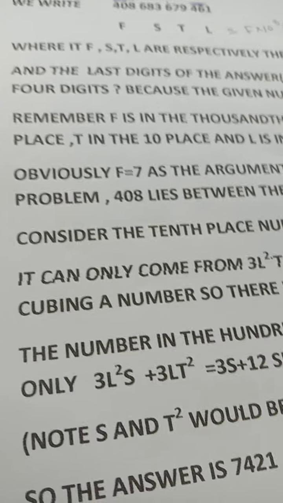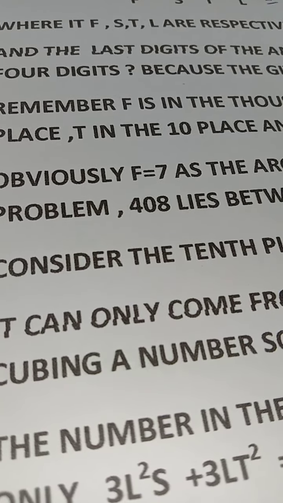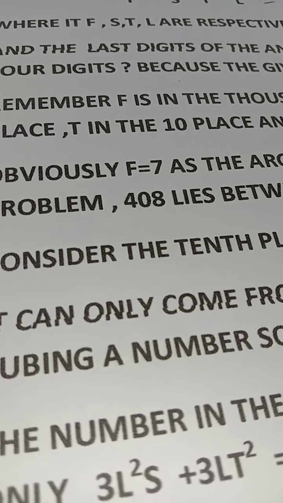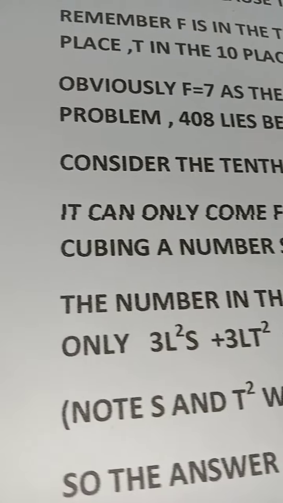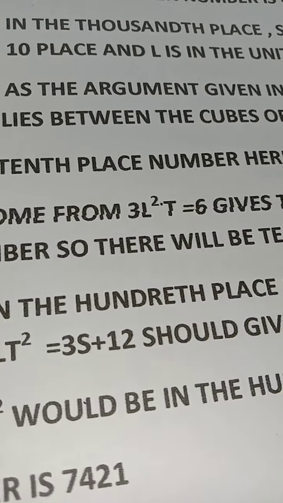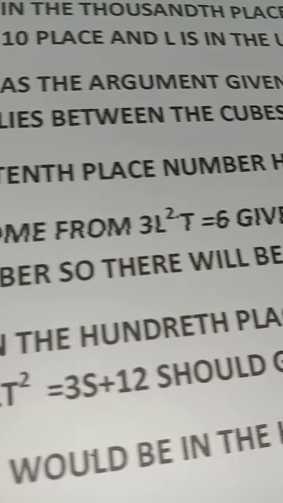Now, obviously, F is equal to 7. Why? Because, as I explained before, the first 3 digits, 408, lie between 7 cube and 8 cube, so we take the lower one. Consider the 10th place. The digit in the 10th place here is 6.